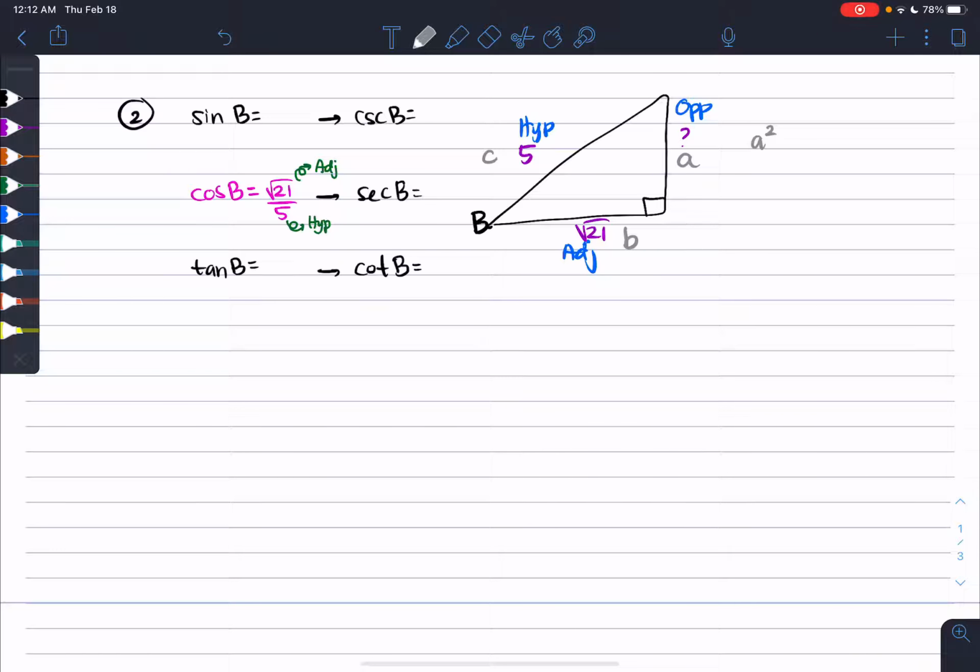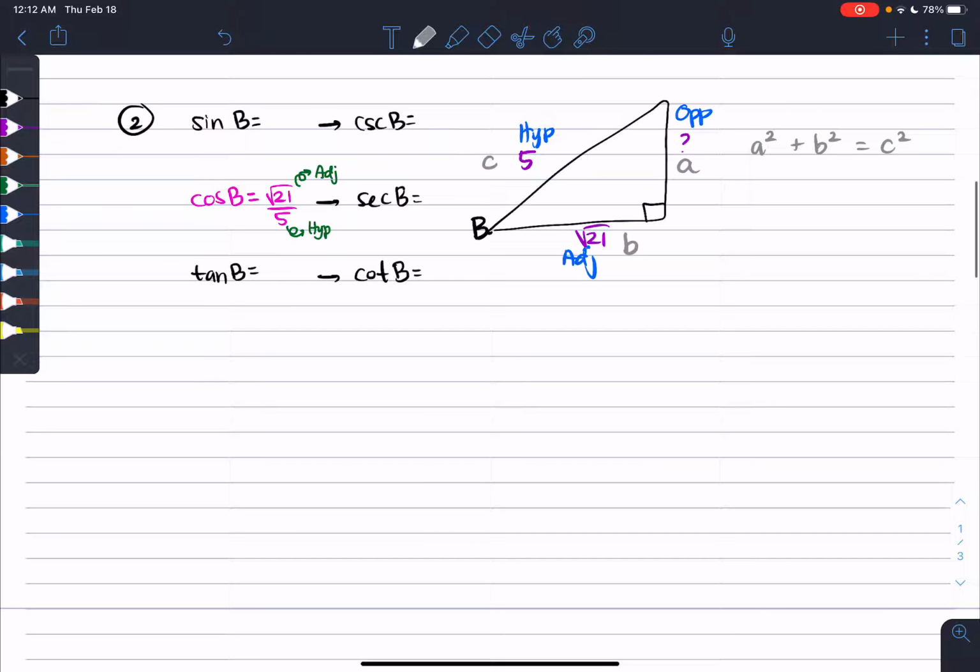So Pythagoras tells us that leg squared plus leg squared is equal to the hypotenuse squared. We want to solve for the opposite side, aka A, but we know that B is the square root of 21, so we get A squared plus square root of 21 squared is equal to 5 squared.